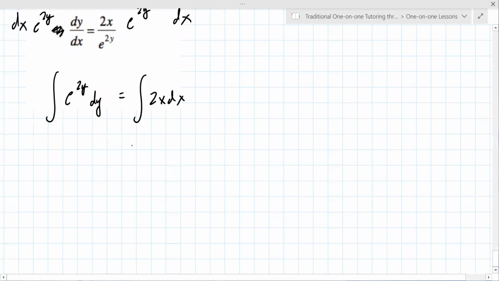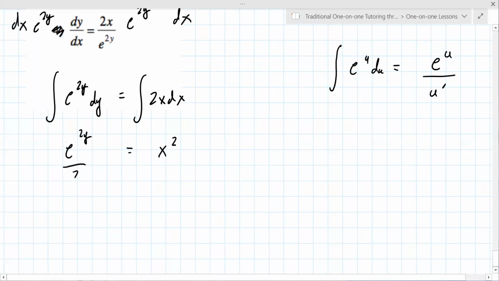The right side's probably the easier one to integrate: the antiderivative is x squared. On the left, I was showing this to another student, and I think this is a worthwhile one to remember. For e to the u du, the antiderivative is e to the u over u prime. Otherwise, you have to do a u substitution, but it's e to the 2y over 2.